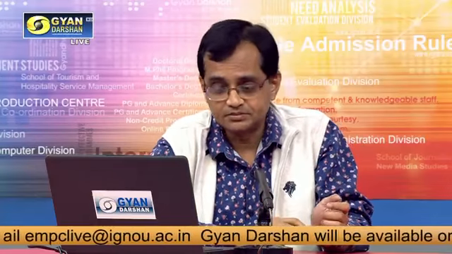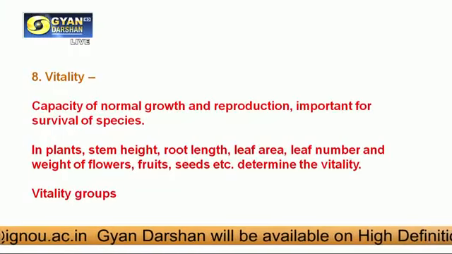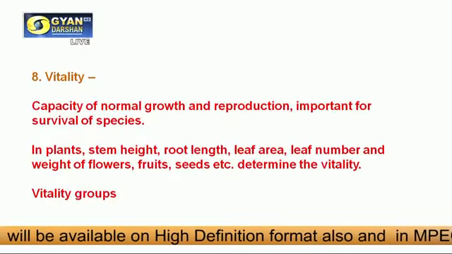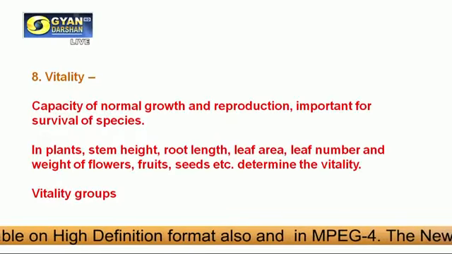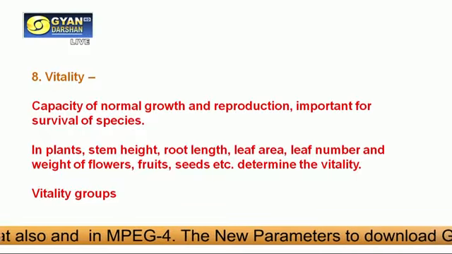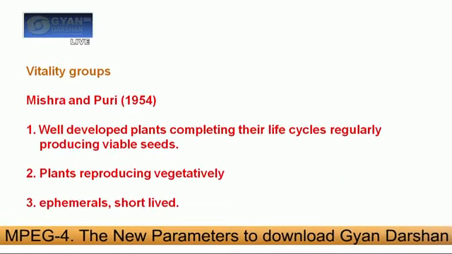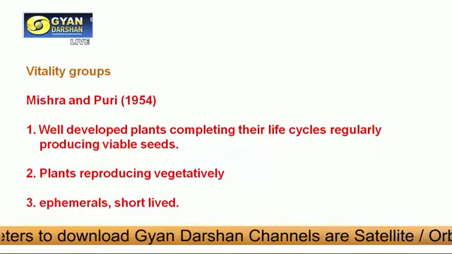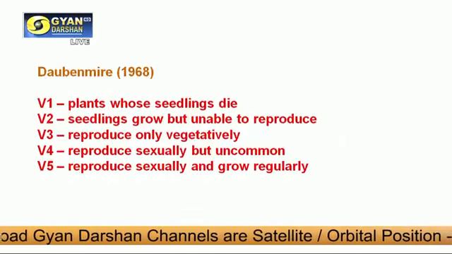Next is vitality. That is the capacity of normal growth and reproduction, important for survival of species. In plants, stem height, root length, leaf area, leaf number, and weight of flowers, fruit, and seeds determine the vitality. And again, you have the vitality groups. Mishra and Puri in 1954 have given vitality groups, that is V1, V2, V3, V4, and V5.